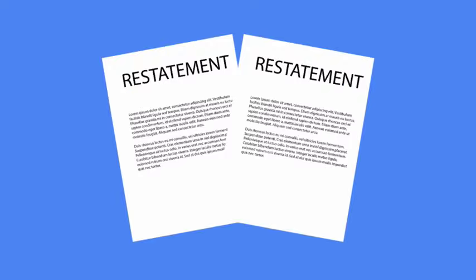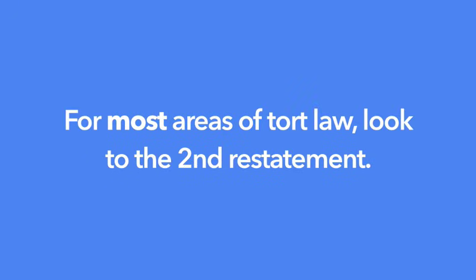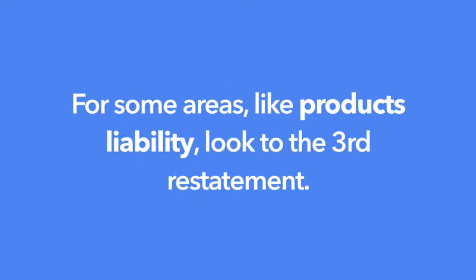For torts, there are two restatements to keep track of. For most of tort law, the second restatement is the right place to look. The ALI has also promulgated a third restatement, but this one is not comprehensive. It only addresses certain areas of tort law, like products liability.